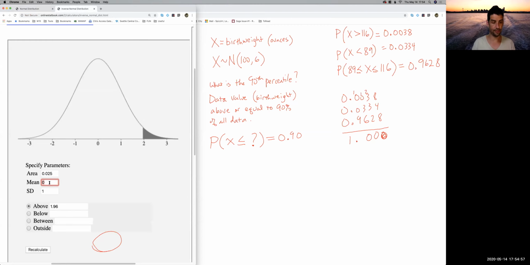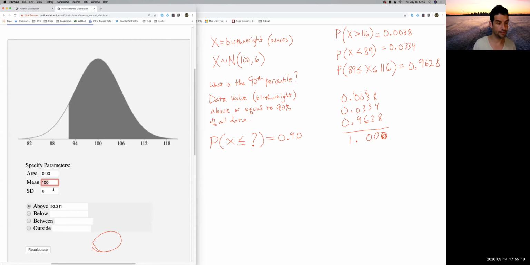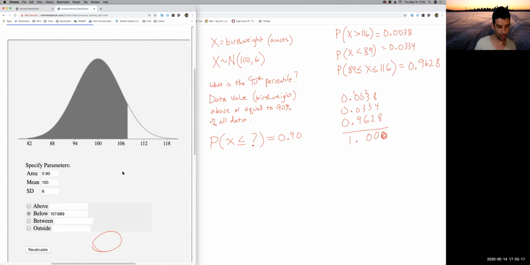I need to tell the computer what normal distribution I have. It's the one with the mean of 100 and a standard deviation of 6. And I need to tell it what area I'm covering. And I want the area below this, right? So before we compute the answer, well, the answer I guess is there, but let's talk about it in detail.